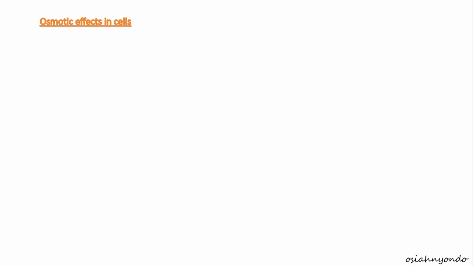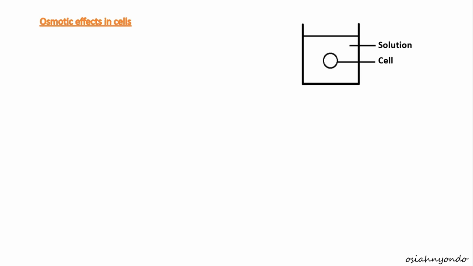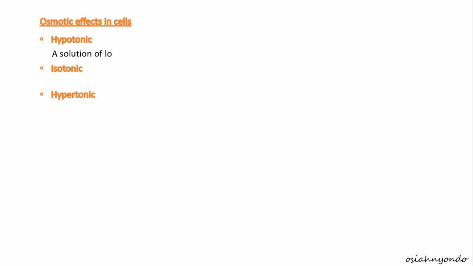When we're looking at osmotic effects, we basically focus on a cell placed in a solution. There are three types of solutions an organism may be exposed to, and these include hypotonic solutions, isotonic solutions, and hypertonic solutions. A hypotonic solution is a solution of lower concentration than a cell.